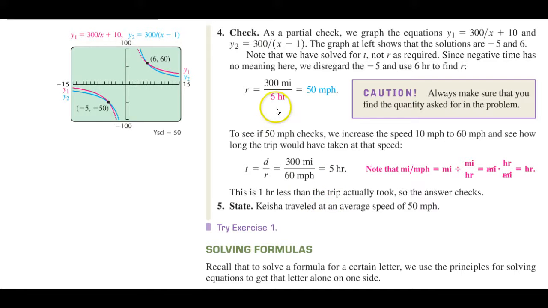So the slower time was 6 hours. So 300 divided by 6 hours gave you what r was, which is 50 miles per hour.